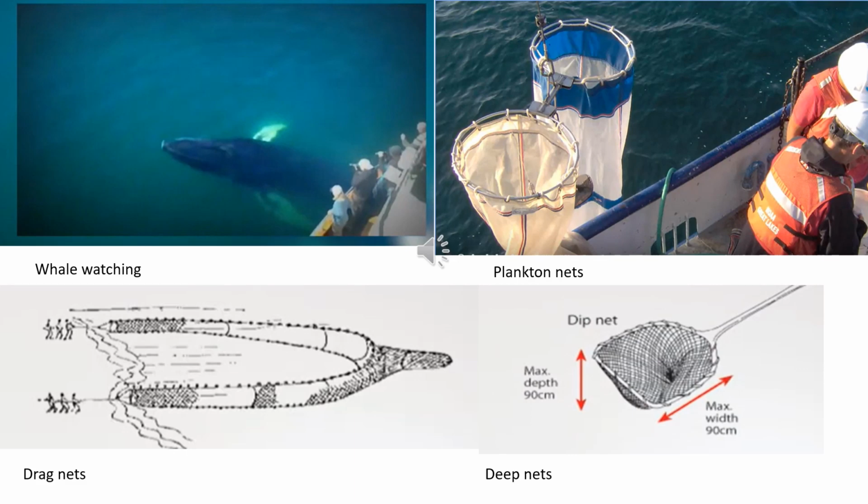Deep nets are similar to drag nets, but deep nets are useful to measure the population of those species which live in the deeper interior of the sea. In this case also, by collecting samples through a deep net, you collect the species, identify them and recognize them.